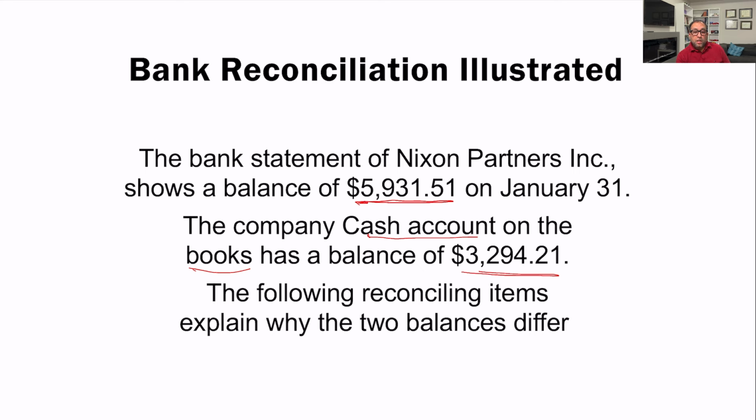So this is the bank balance according to the bank statement, and this is the bank balance according to the books of the business, Nixon Partners. Now, how can we reconcile, because there is a difference of around $2,500.